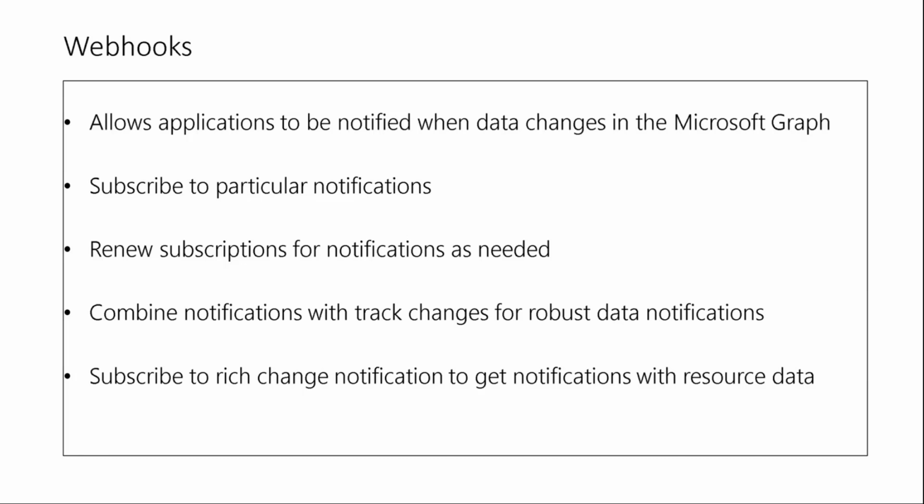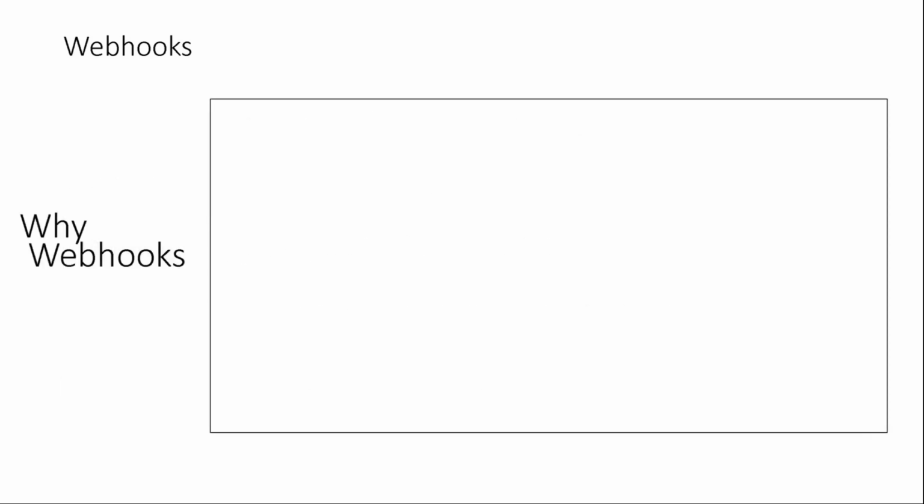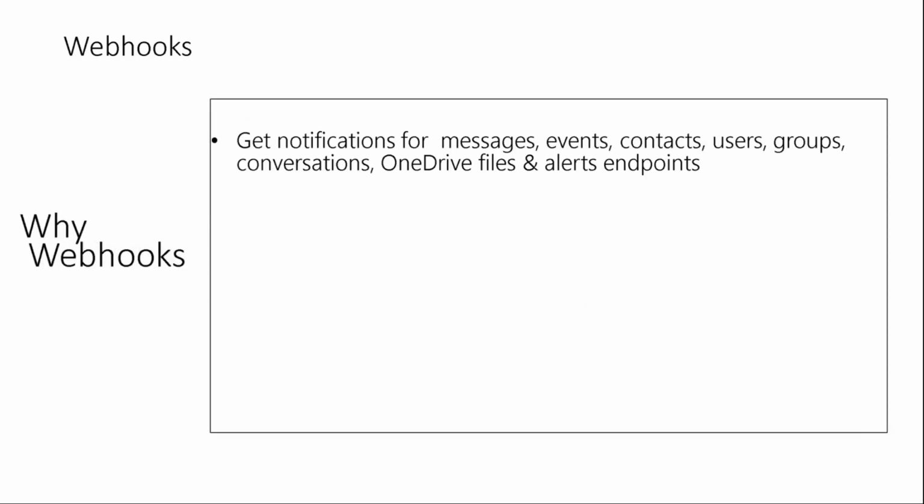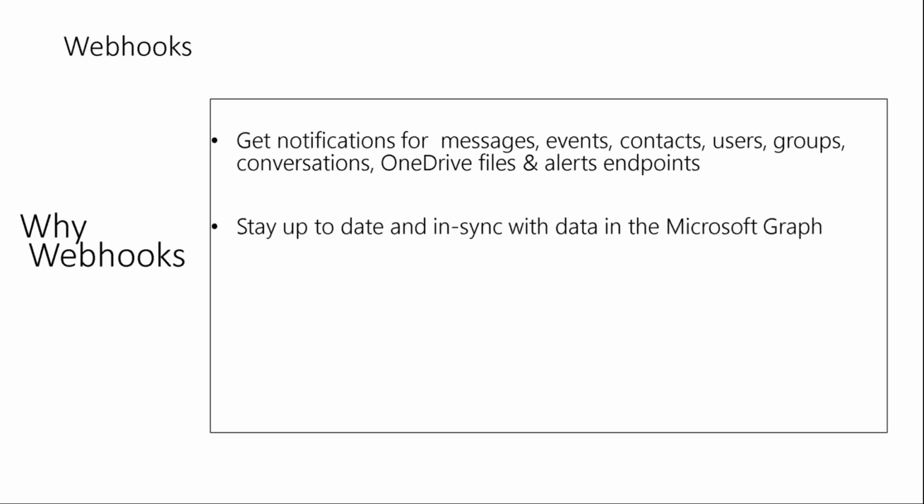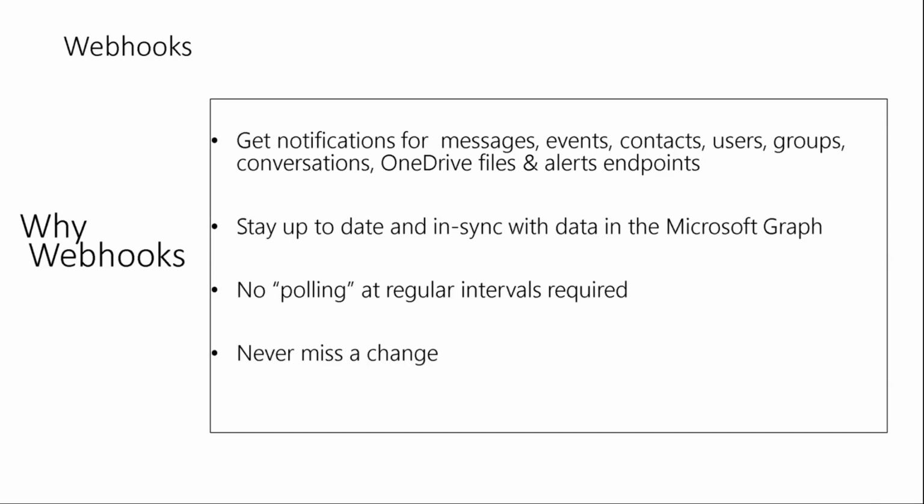This is what webhooks or change notifications generally are. Again, as I mentioned, they are quite popular for events like messages, events, contacts, users. You can keep your data up to date. You don't have to poll at regular intervals. And Microsoft Graph provides the guarantee that your application will get all the change notifications for all the changes that are happening and that you have subscribed for.